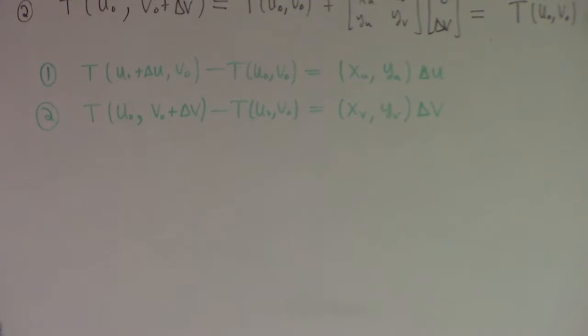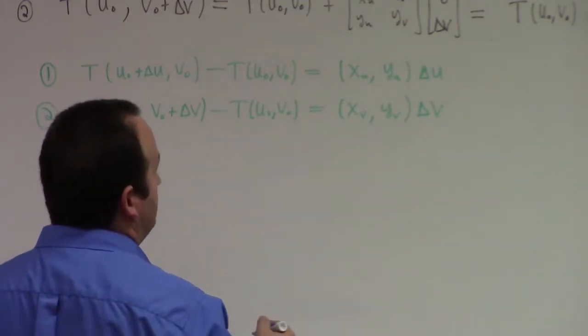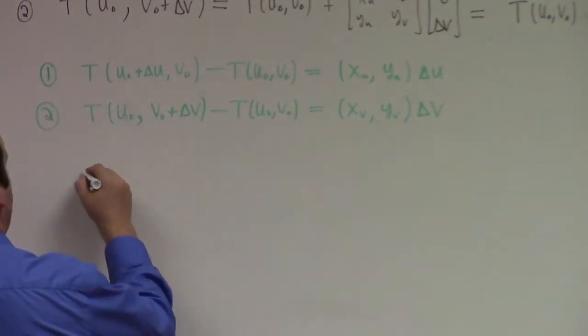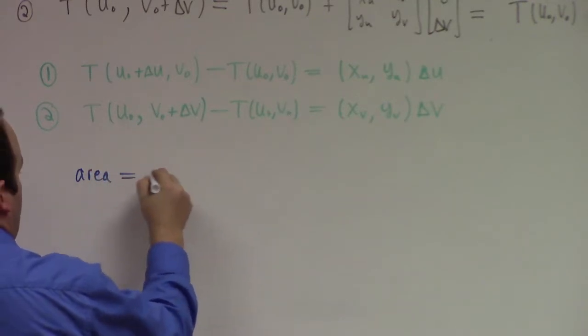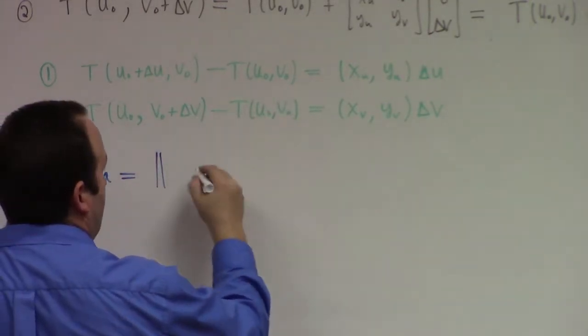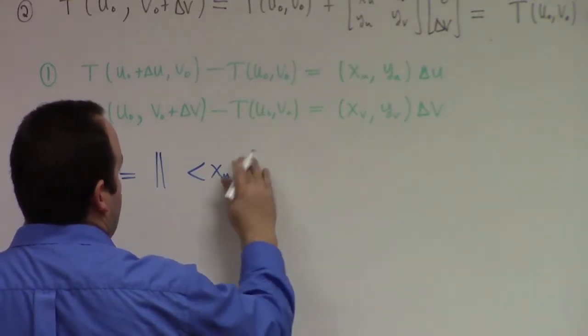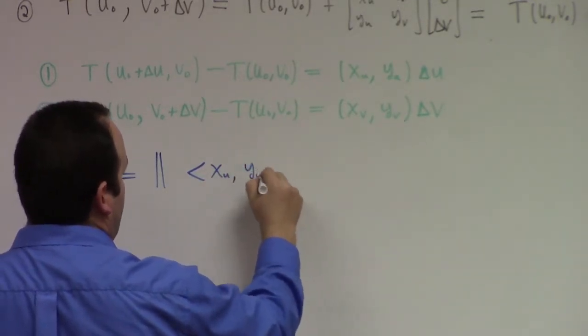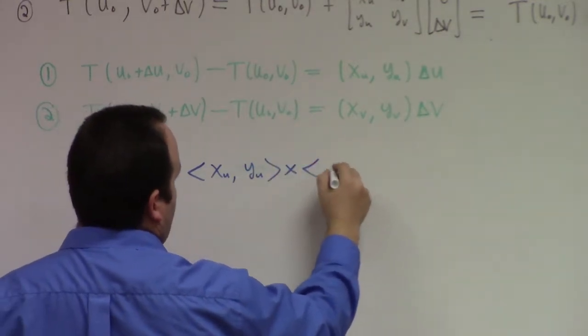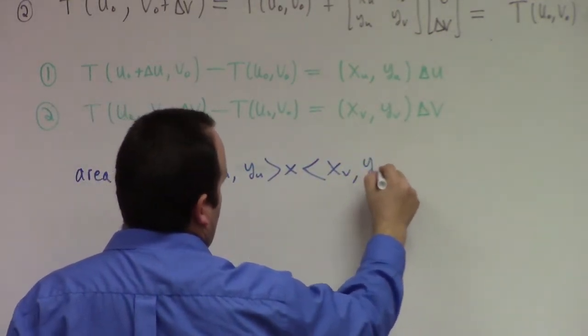My point to you is that the area is the magnitude of the cross product of (xu, yu) and (xv, yv).